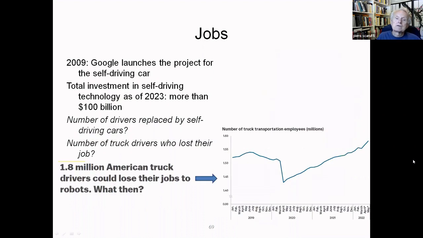In 2009, Google launched the project for the self-driving car. By today, the total investment in self-driving cars is $100 billion, a huge amount. Anyway, when they predicted 1.8 million American truck drivers would lose their jobs, how many drivers have been replaced by self-driving cars?